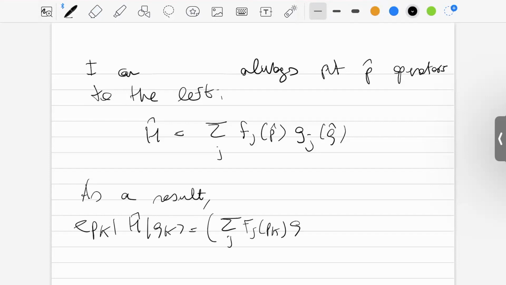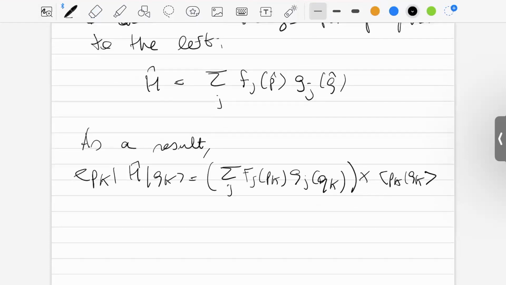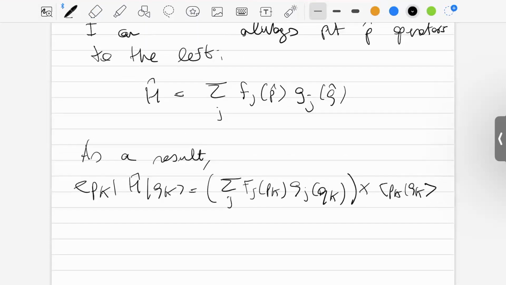Fjpk G of Qk times Pq Qk. Since now the Hamiltonian contains the momentum on the left and the position on the right, it's easy to act on the corresponding eigenstates.